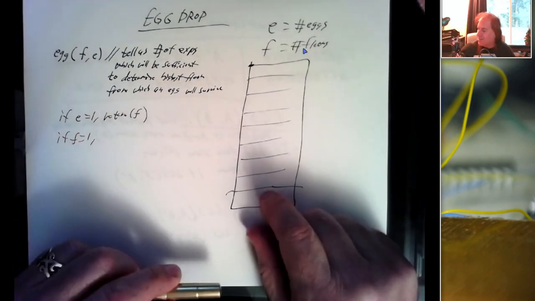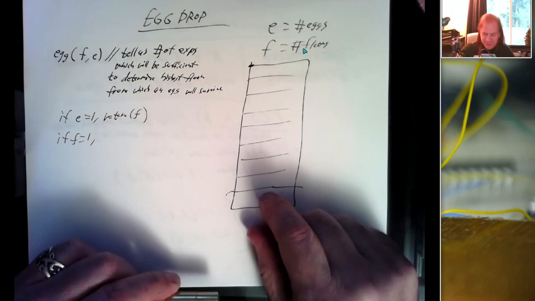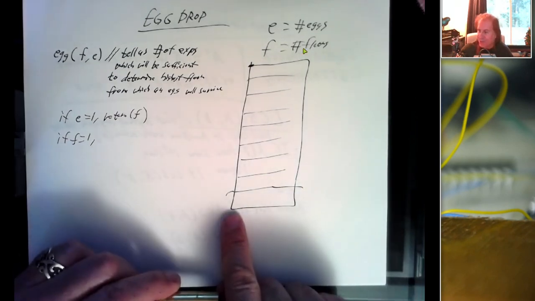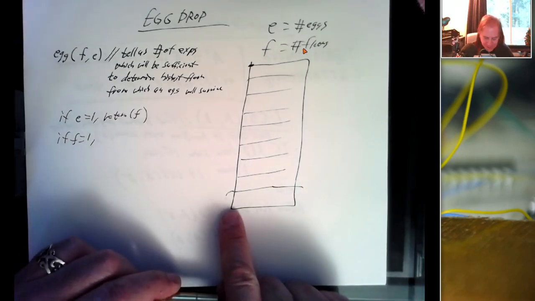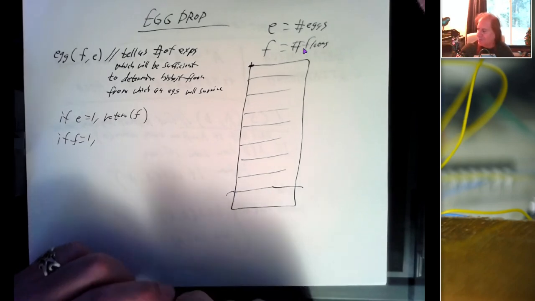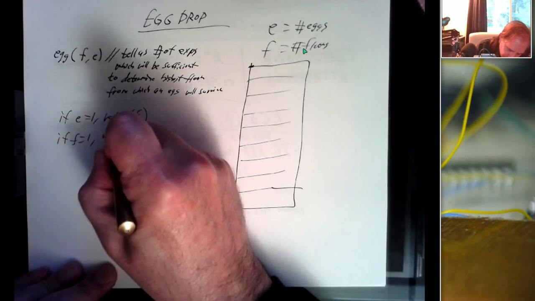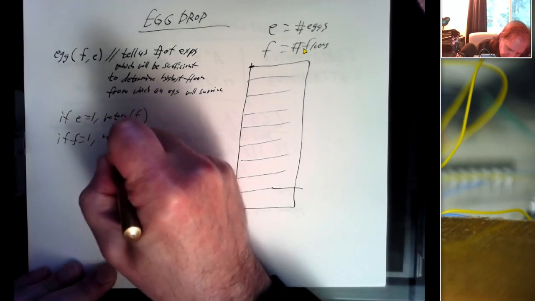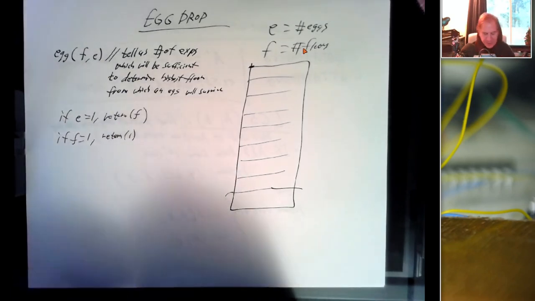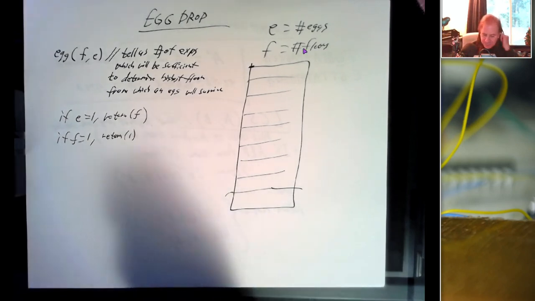And if it cracks, we know that it will only survive if we drop it from the ground level. If it breaks, and if it survives, we know that we can drop it from the first floor. So if F equals 1, we can just say, hey, it's going to take us one experiment to answer this question.